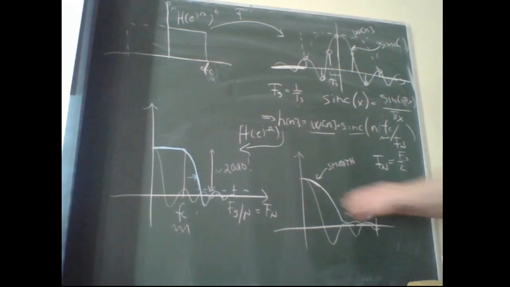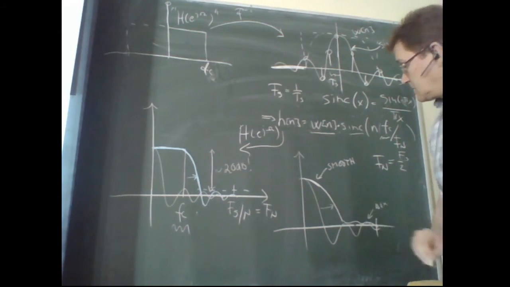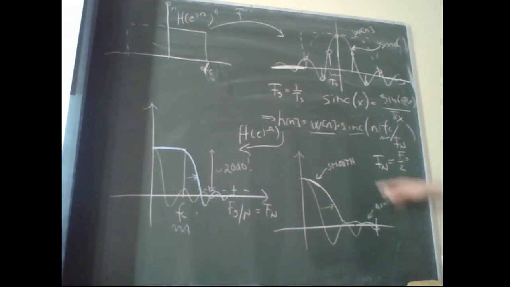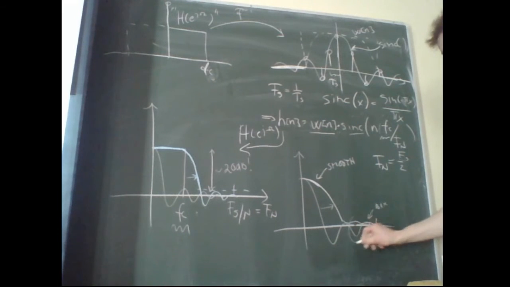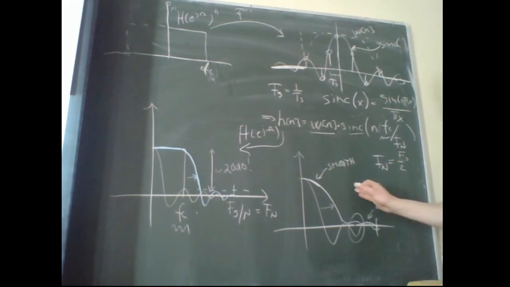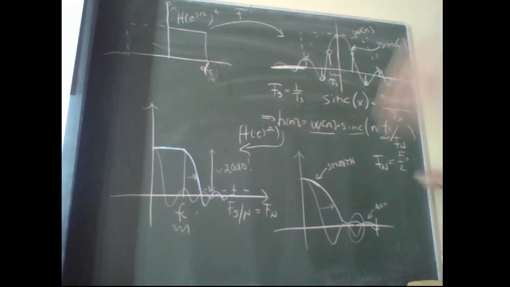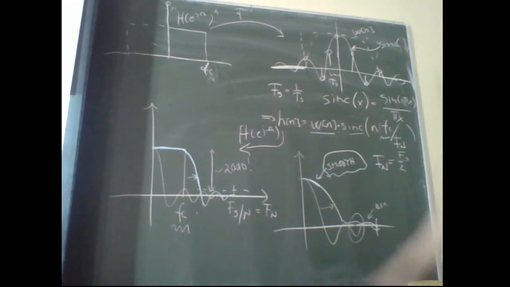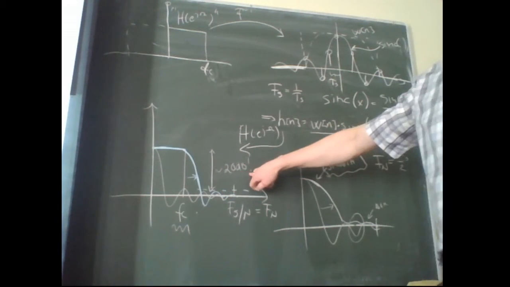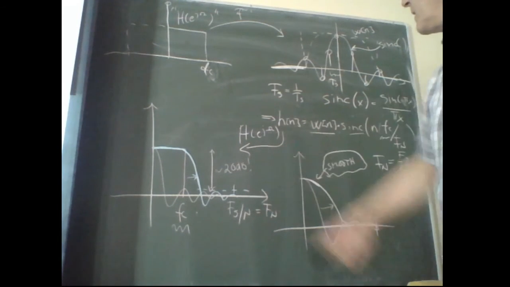The cost is that it widens the transition bandwidth, but the difference is more attenuation on the stop band. Good. All right, so smoothing the window basically gives you control on the stop band attenuation.